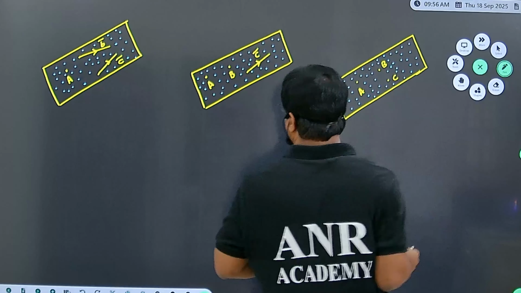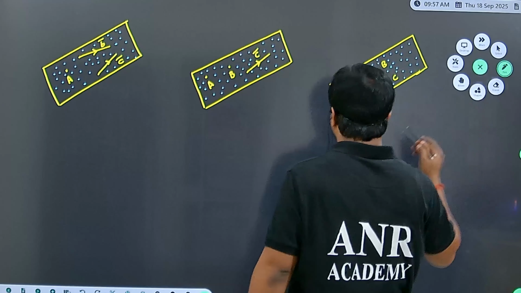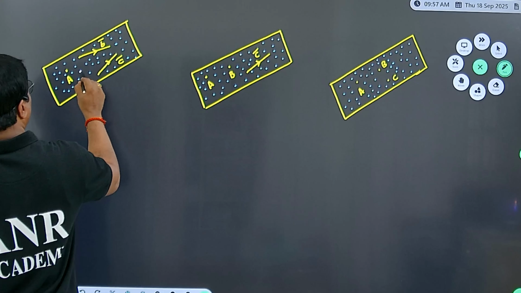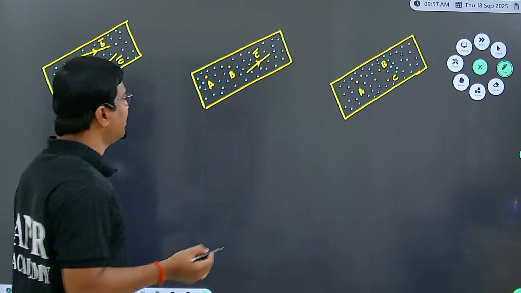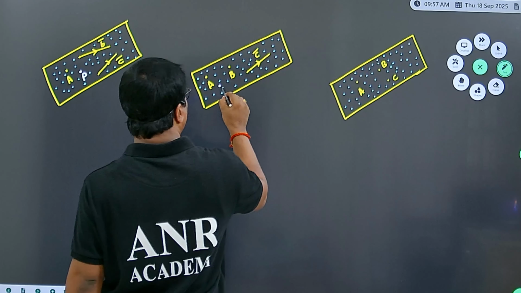I am going to select a locus point P here in the first case. Suppose that this is locus point P. One of the points I am going to choose.